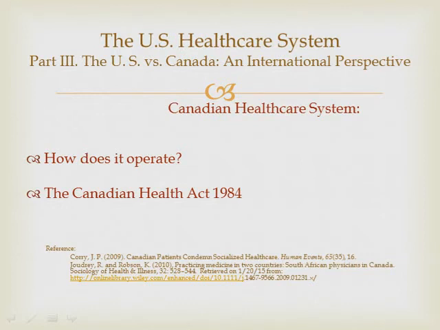The 5 elements of the Canadian Healthcare Act are universality, or to provide coverage to all citizens and to provide the same quality of care. Comprehensiveness, which means that all citizens will be fully insured.